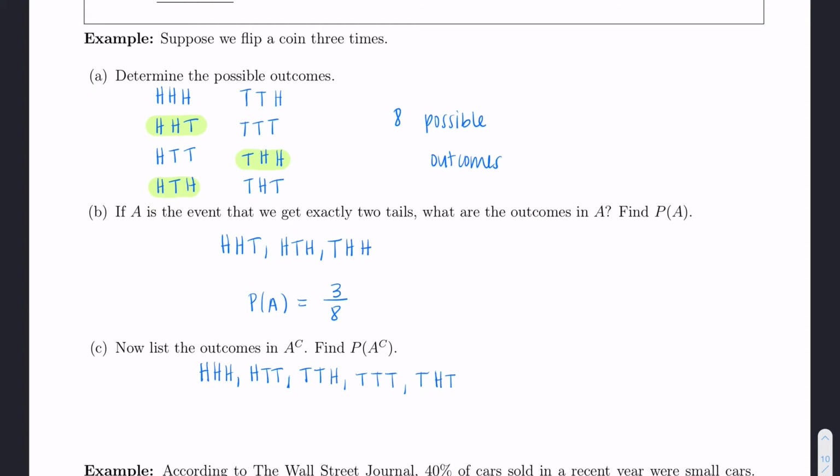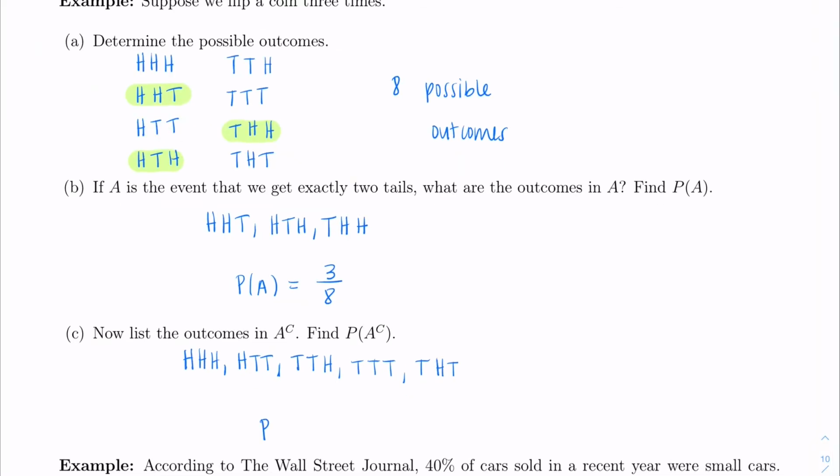Here, we didn't use any of those formulas from above, but the probability of A's complement is equal to 5 out of 8, because there were 5 outcomes that I did not include when I found the probability of A. Notice that when I do the probability of A plus the probability of its complement, 3 over 8 plus 5 over 8, I do end up with 1.